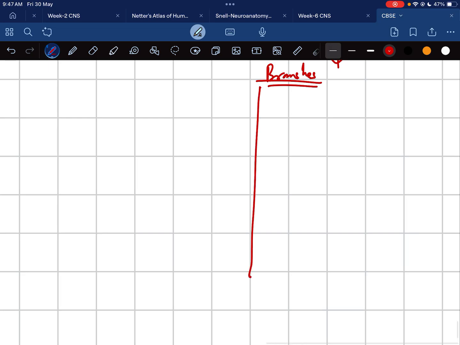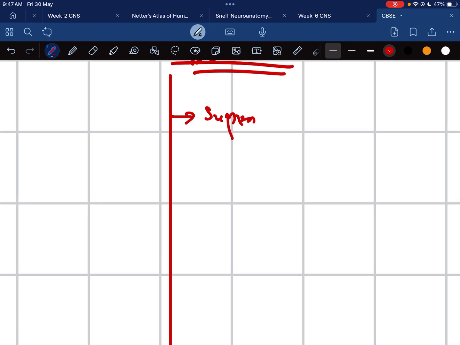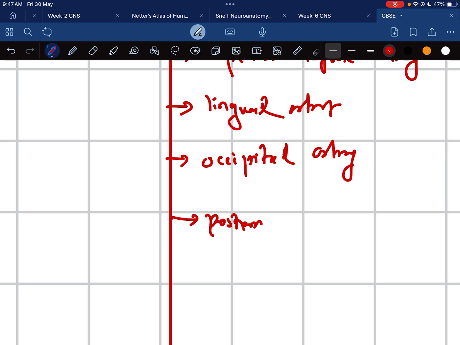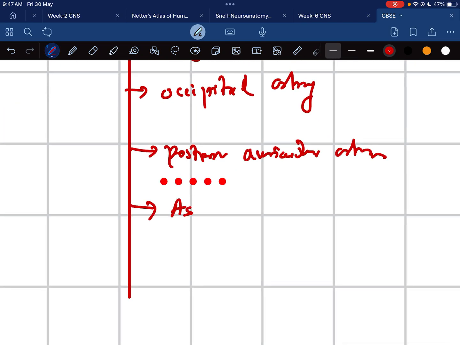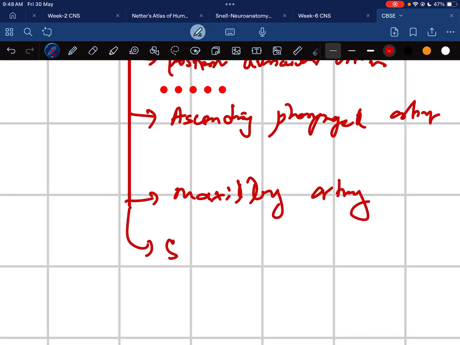We can write them as: superior thyroid artery, then lingual artery, then occipital artery, then posterior auricular artery, then ascending pharyngeal artery, then maxillary artery, then superficial temporal artery.